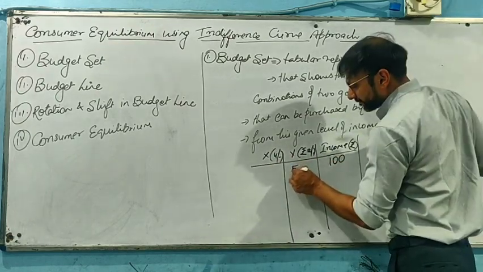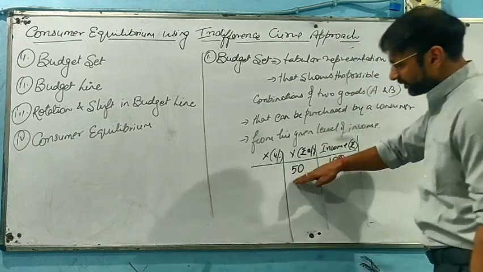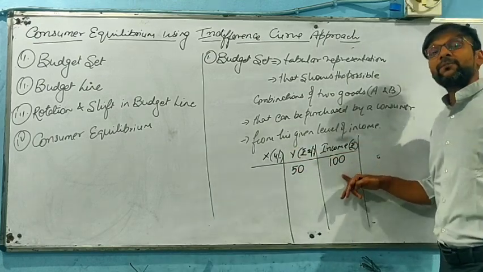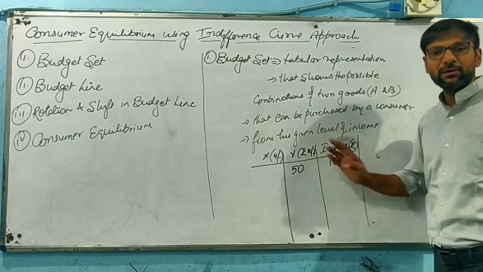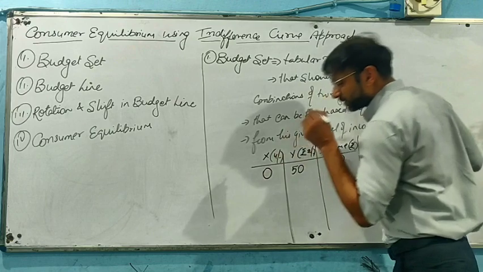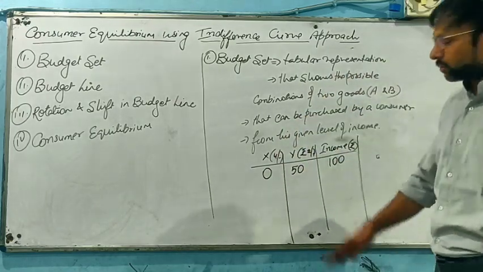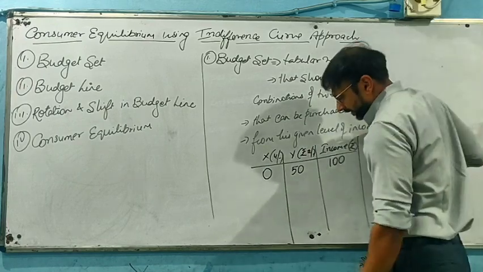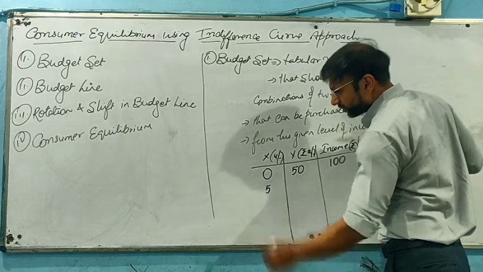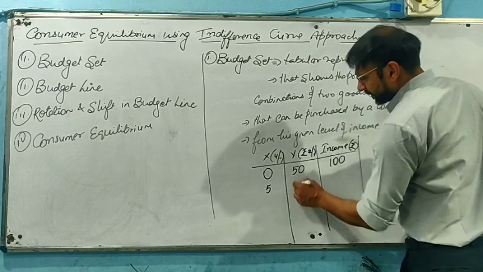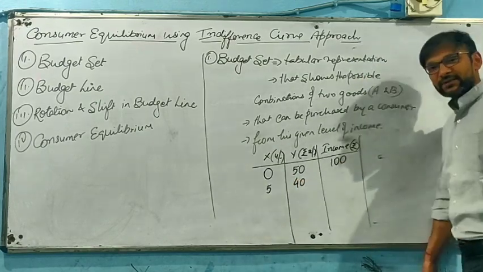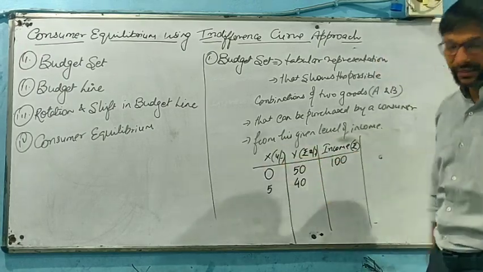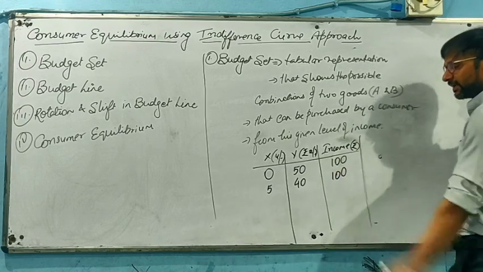Now, if a consumer is purchasing 50 units of Y at the rate of 2, it means the entire income of the consumer, say 100, is being spent on Y, and no unit of X can be purchased, since the whole income has been utilized for the purchase of Y. Now, if we need to purchase 5 units of X, Y units will have to be sacrificed, so we can buy fewer units of Y and more units of X. Again, the expenditure will be 100.